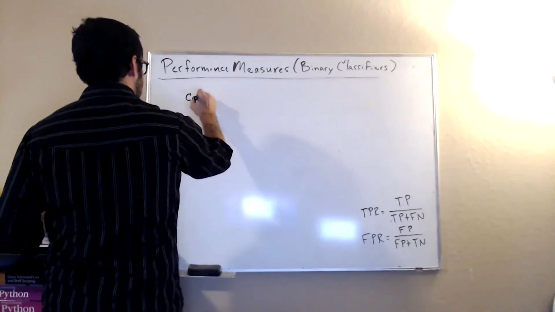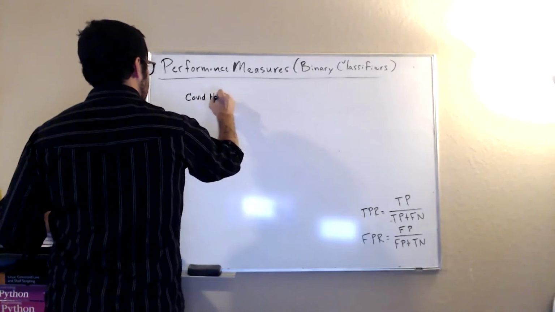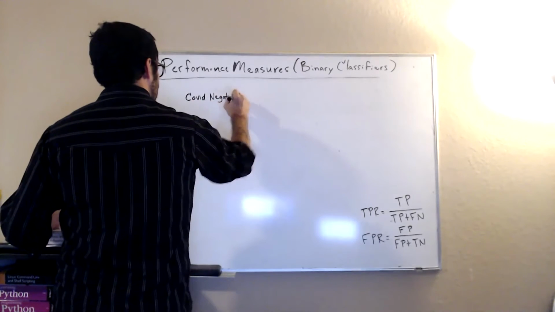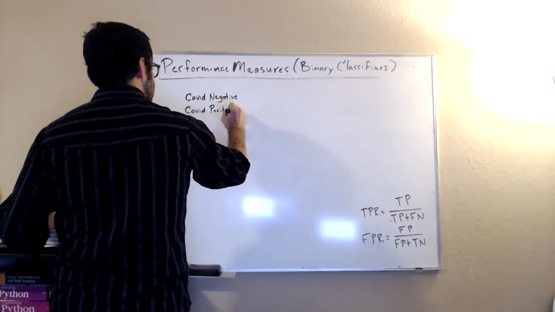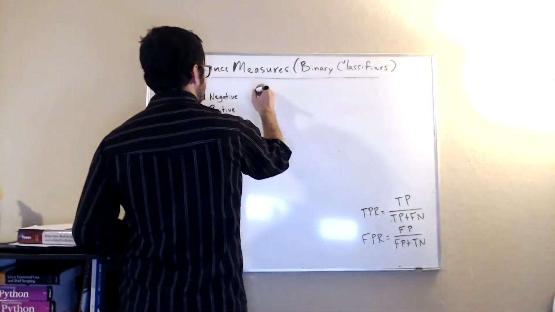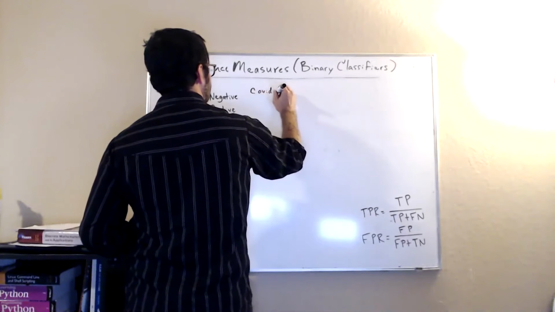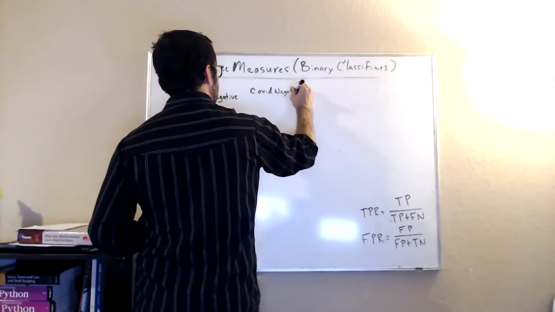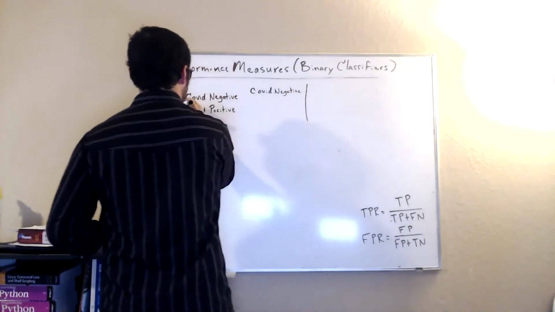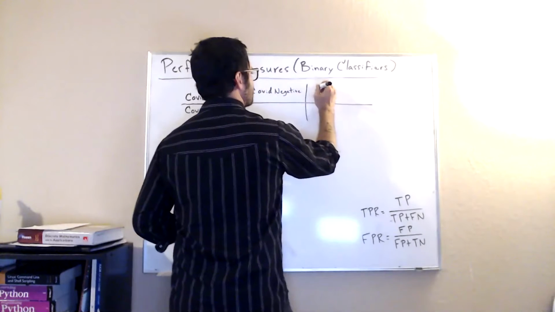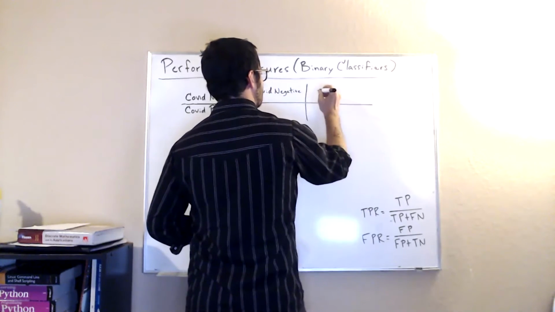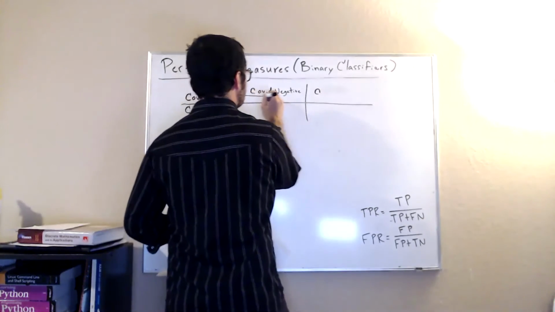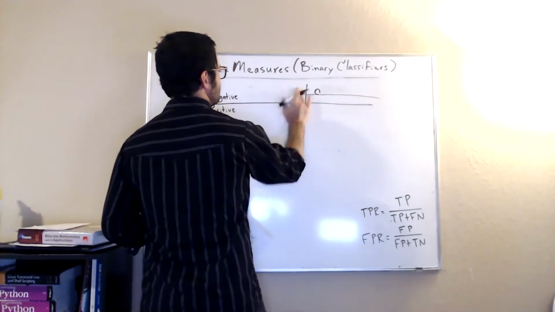So suppose we have our confusion matrix, and it looks something like this. So we have COVID negative, COVID positive, and then COVID negative, COVID positive. Let me give myself more room here.